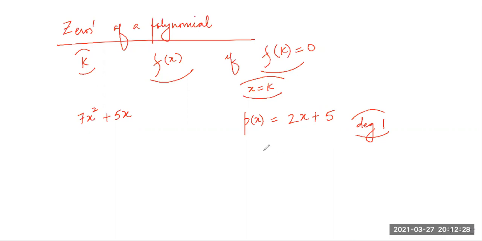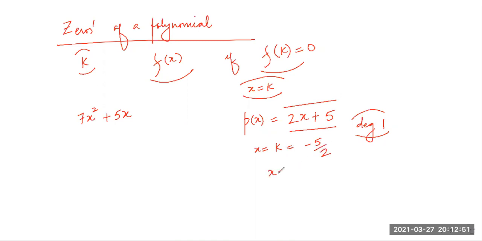Interesting to see. There is only one value for k. X is equal to k is equal to what? Can anyone tell? Which will make this polynomial 0? Which will vanish this polynomial? Well, that will be minus 5 by 2.